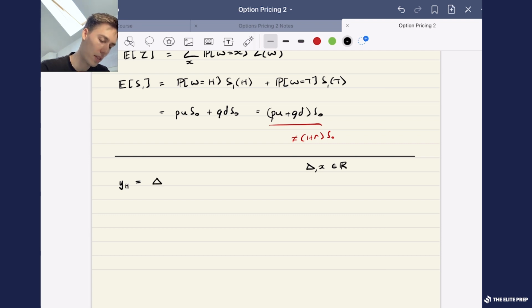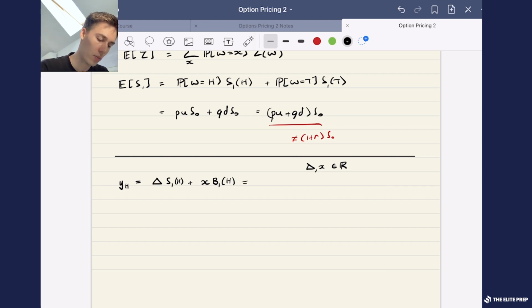And we have this is equal to delta S1 plus x B1 evaluated at h. B1h is just deterministic and it's equal to 1 plus r B0. S1h is equal to US0.